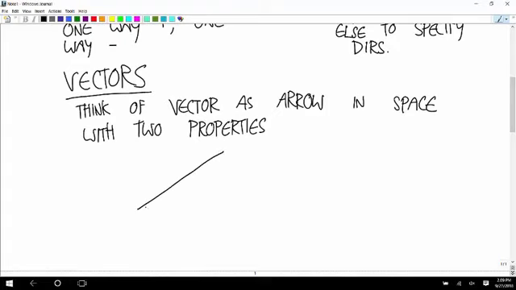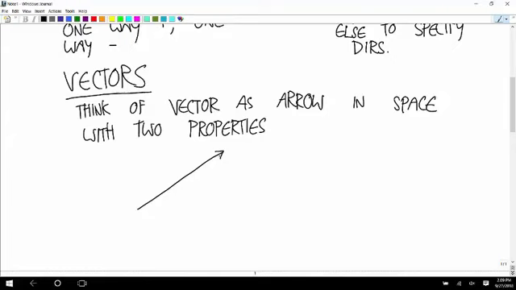So let's say this is a vector. Okay, an arrow. This is what I mean. It's not just a line. It makes a distinction between one side, the side with the head, and the other side with the tail. A line doesn't make a distinction between this and this. This one is this way.